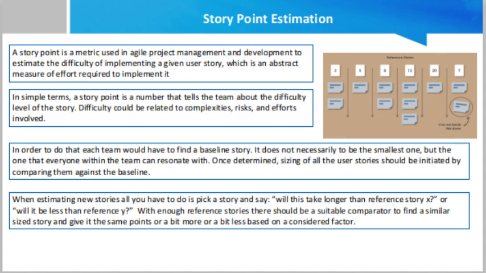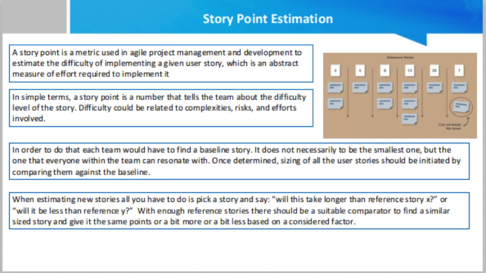Now, how to do the agile estimation? In order to do that, each team would have to find a baseline story. It does not necessarily have to be the smallest one, but the one that everyone within the team can resonate with. Once determined, sizing of all the user stories should be initiated by comparing them against the baseline.